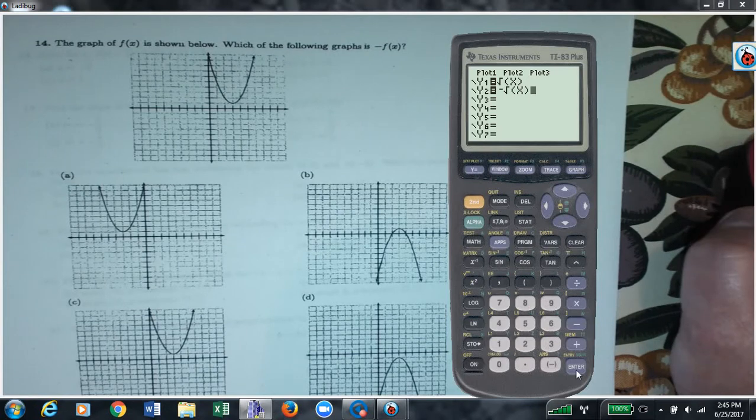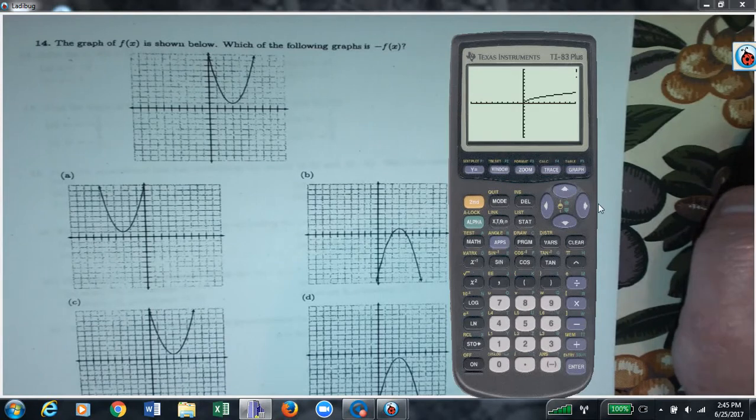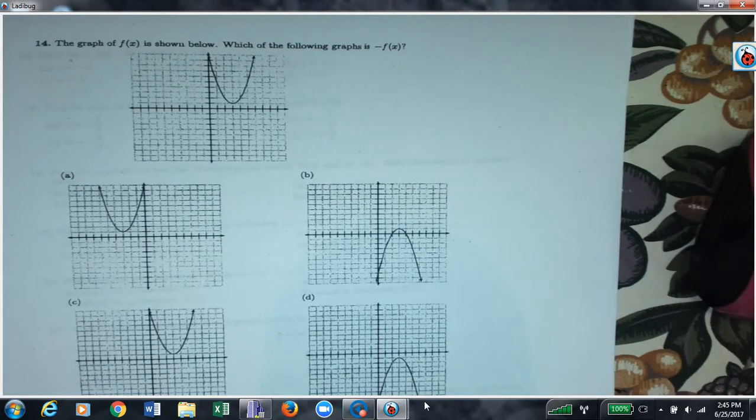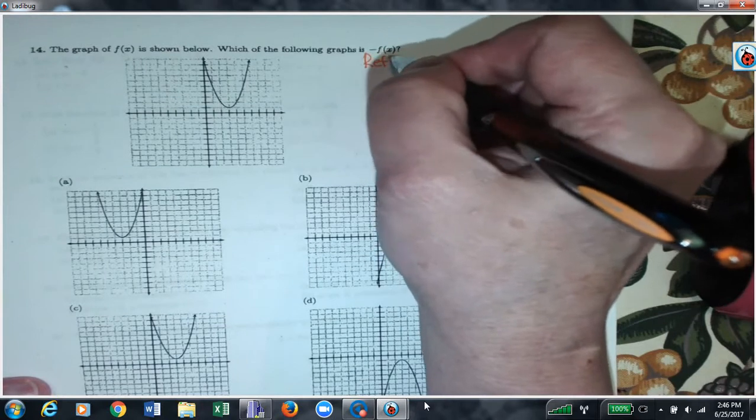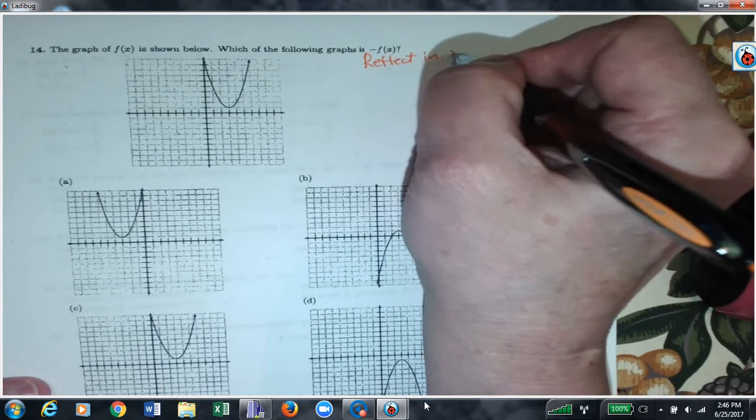And if you can't remember, does it swap it around? Does it reflect it in x or reflect it in y? Look what it does to the graph. Okay, so there's the square root of x, and if we put a negative symbol out the front, it's reflected in the x-axis. Okay, so that's a good check. So I want to take this and I want to reflect it in the x-axis.